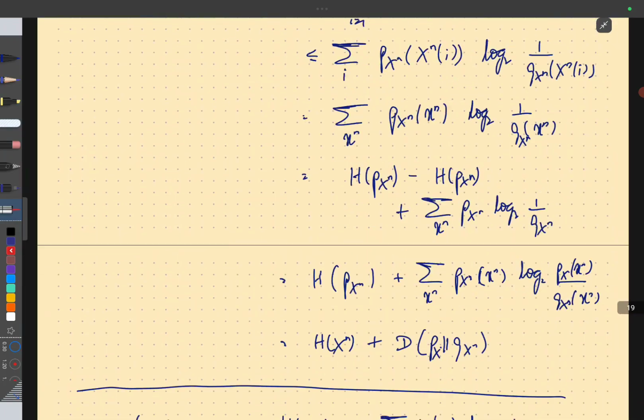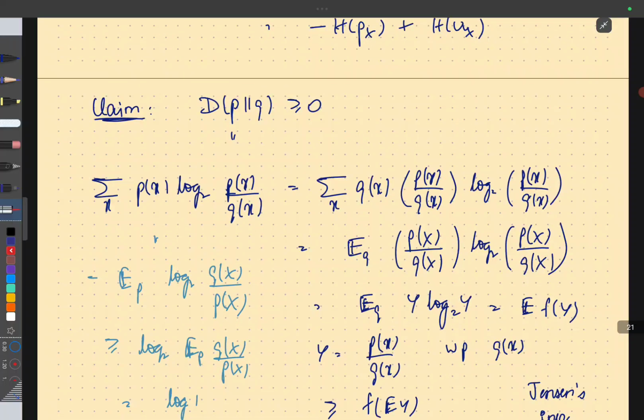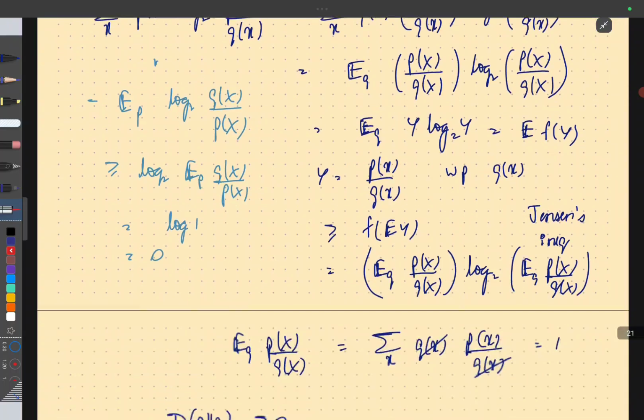All right. And what we proved in the last class was that the KL divergence is always non-negative for any P and Q. And an important property is that this divergence is not a true metric, it's not a real distance, because the KL divergence is not symmetric.